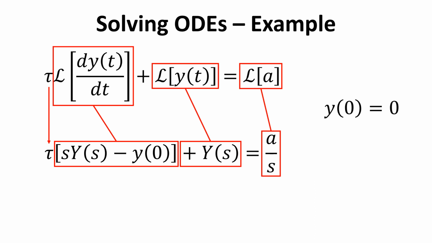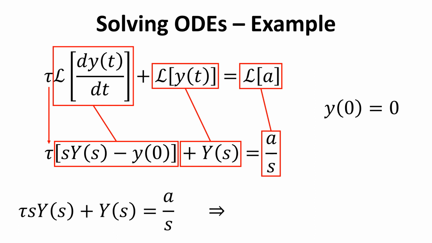Now if you remember, when we set the problem up, we said that the initial condition y of 0 equals 0. So we can use that to tidy up the equation. And if we do that, we end up with tau s capital Y of s plus Y of s equals a divided by s. Now, if we factor out the Y of s, this is what we get.